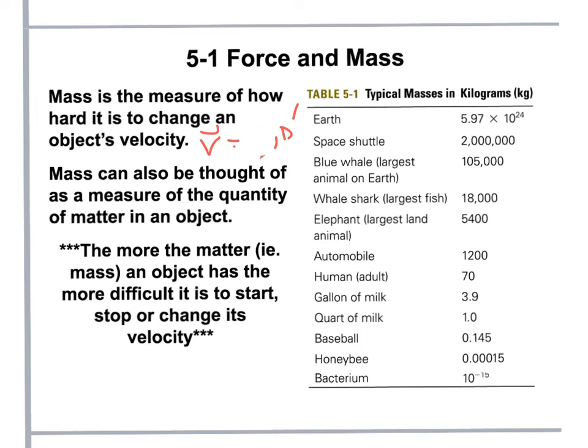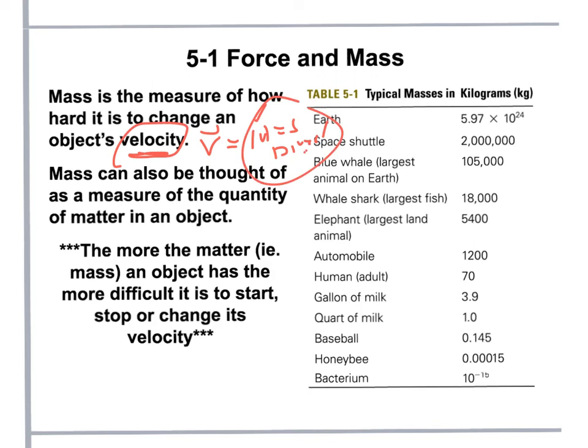That's not mass. We don't want to confuse that with mass. So our velocity, the magnitude, is speed, and then it has a direction. So mass is a measure of how hard it is to change the speed or the direction or both. If we say an object's velocity, typically that's going to be both of them right here.